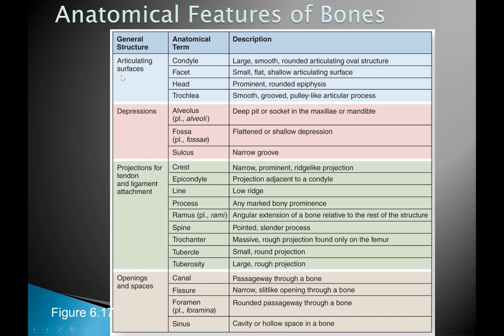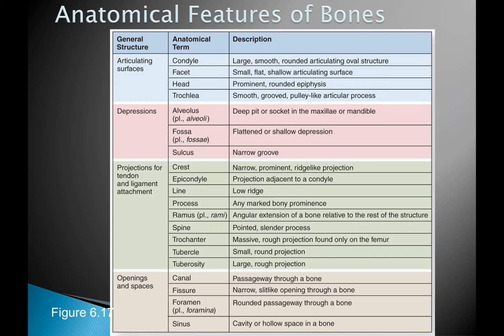That's where a bone meets with another bone. This is a joint, okay? So where bones meet bones, there will be several features that are consistent throughout all the bones. So a condyle is usually a large rounded structure, okay?